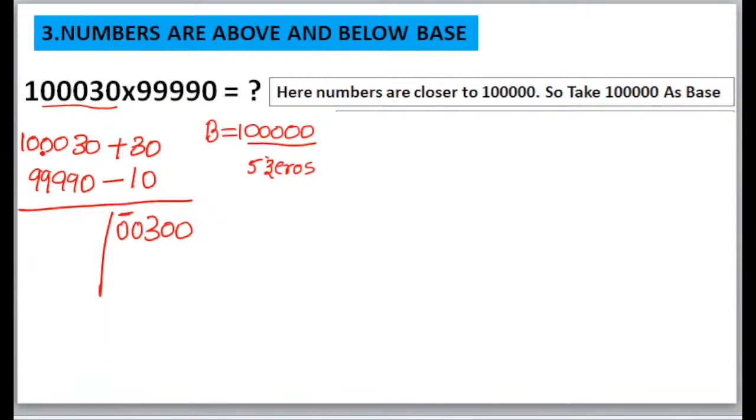Then your LHS is 1,30,000 minus 10 is equal to 1,29,990. So your answer is 1,29,990 into 1 lakh minus 300.